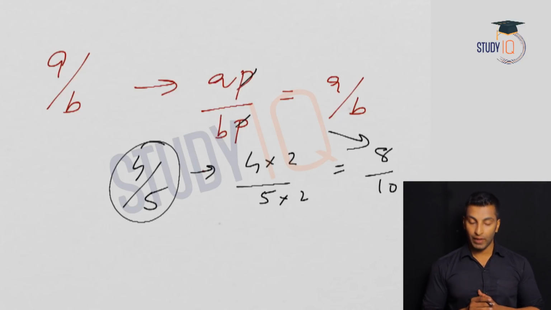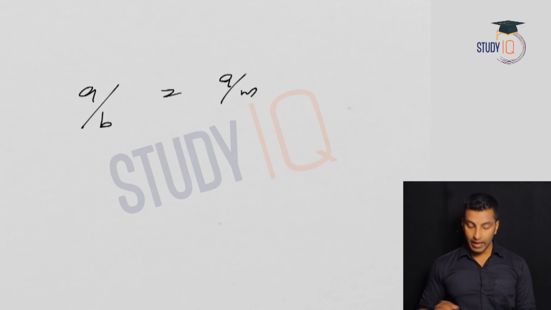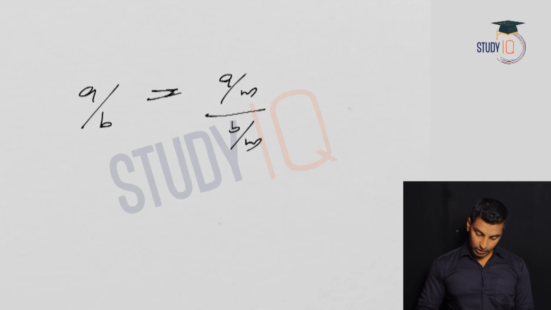That's the property. And in the same way the reverse: you have a ratio A by B. Now if you divide A by a number and you divide B also by the same number, then the ratio will be the same. It's like you divide A by M, then you divide B by M, so these two will be equal, because this is getting cancelled out anyway. So let's suppose you have a ratio 4 by 6.